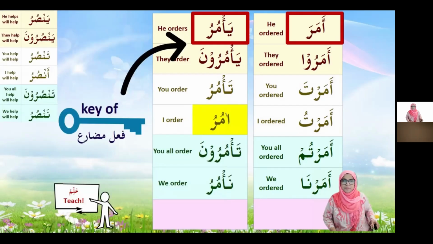Now the rest is the same, just like yansuru, yansuruna, tansuru, ansuru, tansuruna, nansuru. We know this already. Same thing you apply over here. Let's do it for fa'il mudari. Ya'muru, ya'muruna, he orders, they order.